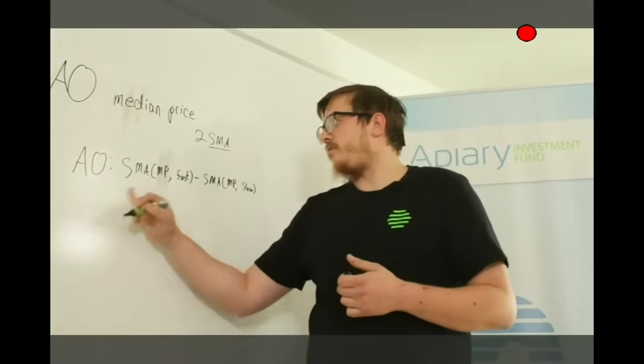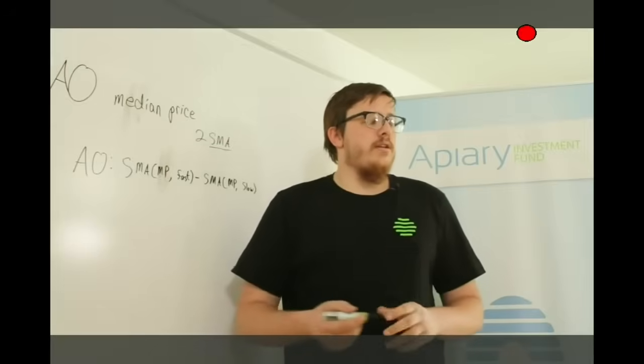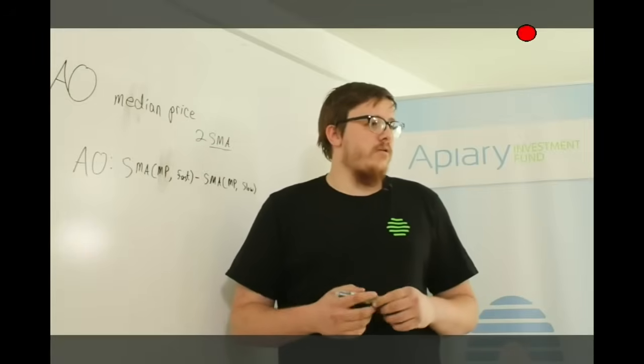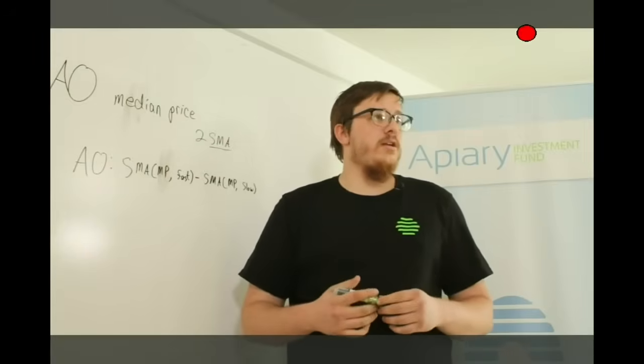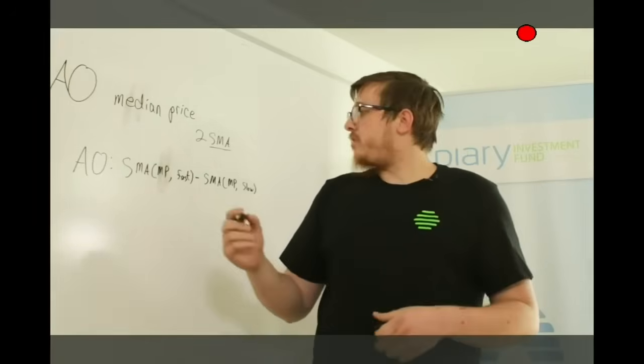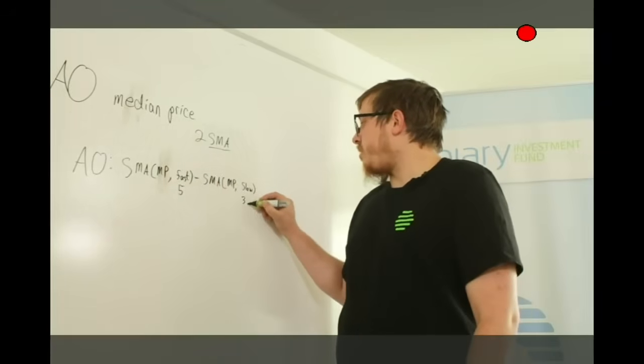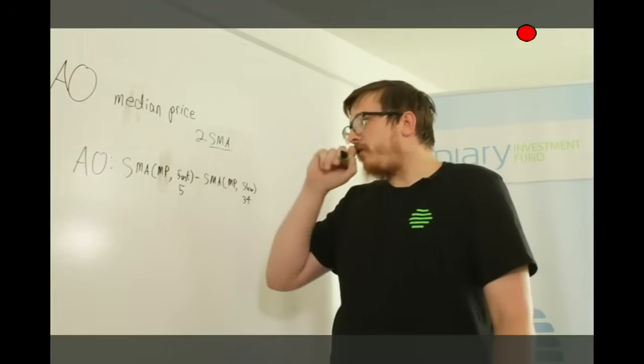When it was developed by Bill Williams, who discusses the indicator in his book Trading the Craziness of the Markets, he developed this to be a 5-period fast moving average and a 34-period slow moving average.